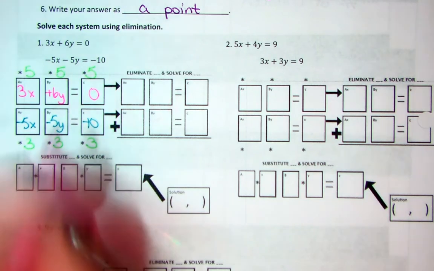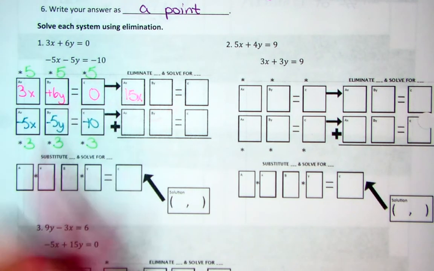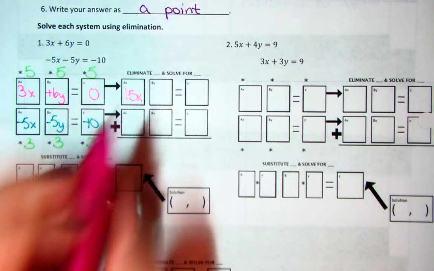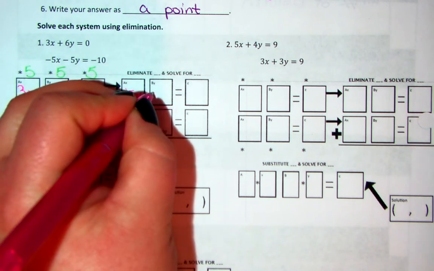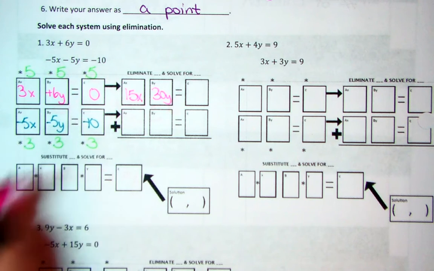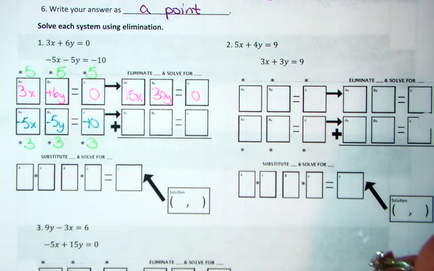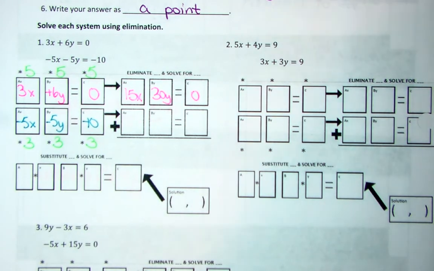So when I multiply 3x times 5, I get 15x. 6y times 5 gives me 30y. 0 times 5 gives me 0.